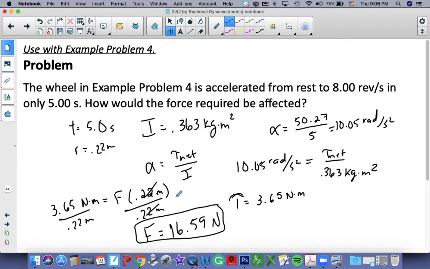Okay, so if we think about this, our time here is 5 seconds. Before it was 15 seconds, and we had 5.53. So we're cutting our time down by 3, right? So we're doing 1/3 the time. So really, if we're cutting our time down by 3, then our force should have to be 3 times as much.